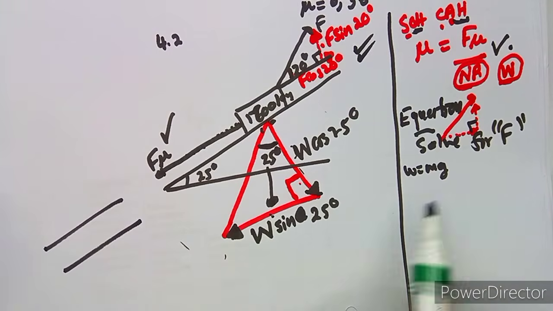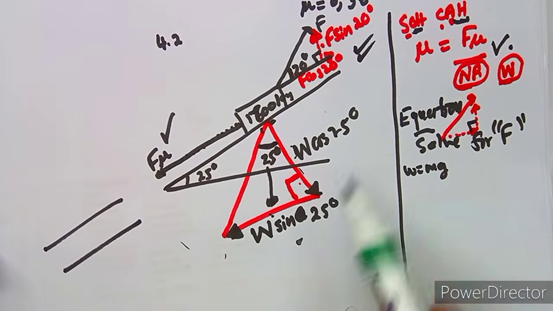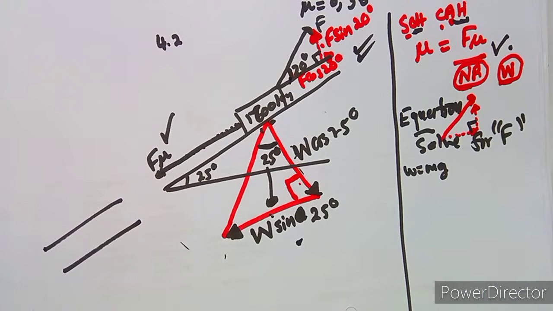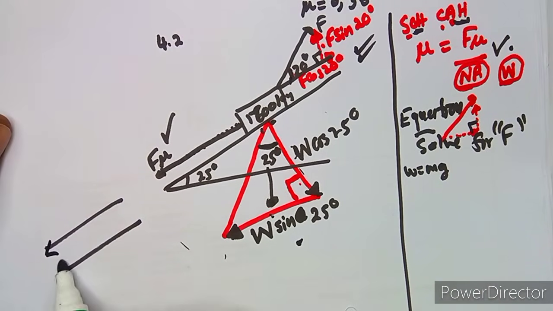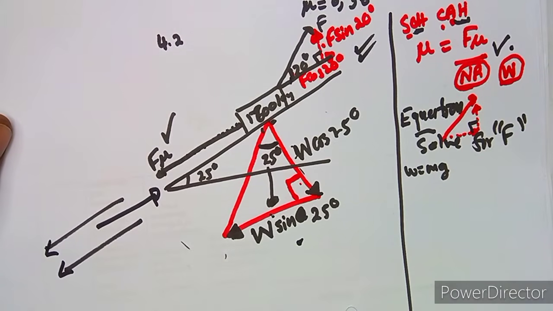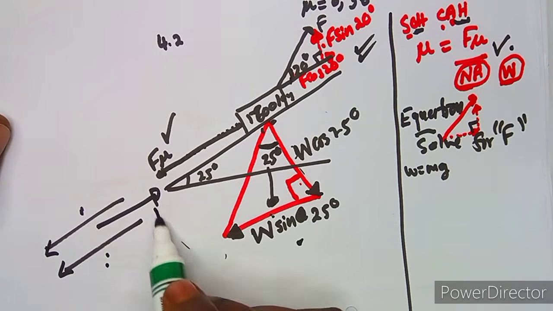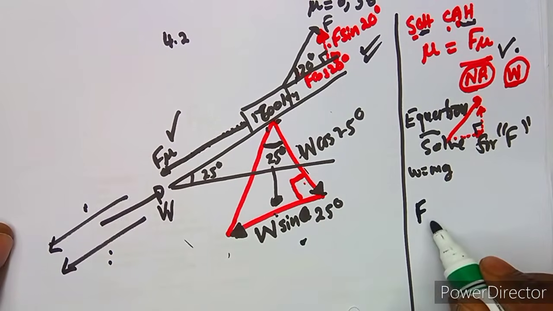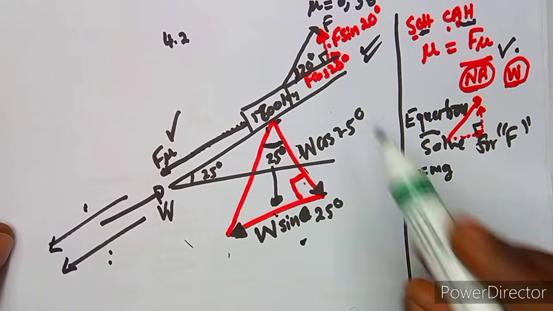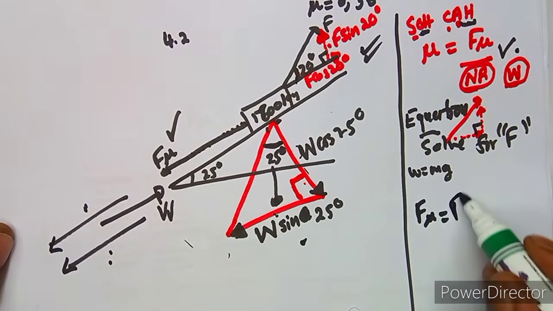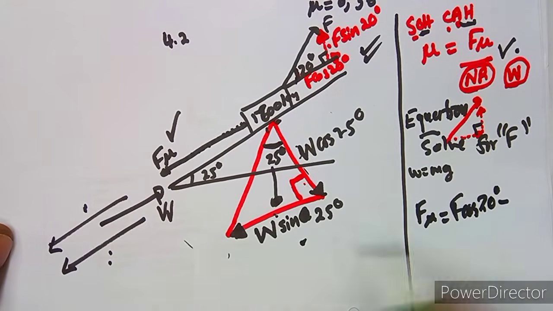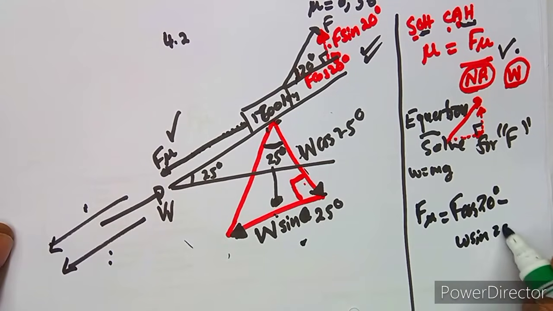These are parallel components that we are having, but the parallel part here is the sine, and here it's a cos because of where the angle is, but still they are parallel components. So these two are going this direction and that one is going the other way. If we add these two, they must give us this one. That is how you can formulate it, or you can use the concept that I did last time. I just gave you a formula directly: this one which is going up, F cos 20 degrees, minus this one which is going this direction, which is W sine 25 degrees.